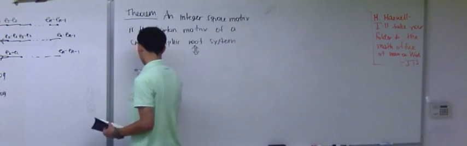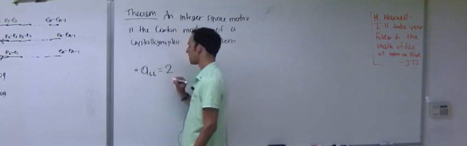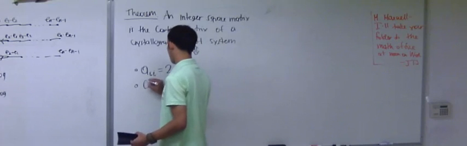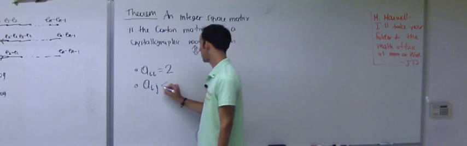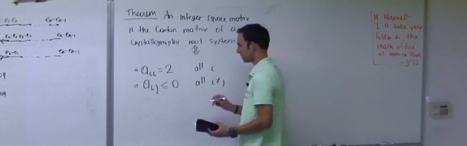So we talked about some very simple conditions. For example, we saw that in the diagonal, you better see 2, all 2s. We talked about how off the diagonal, the numbers better be non-positive. We talked about how the zeros are distributed symmetrically.